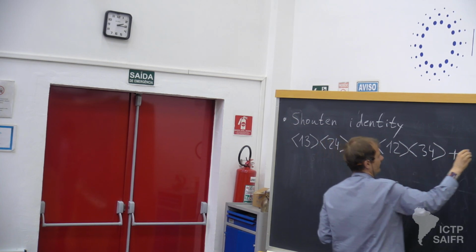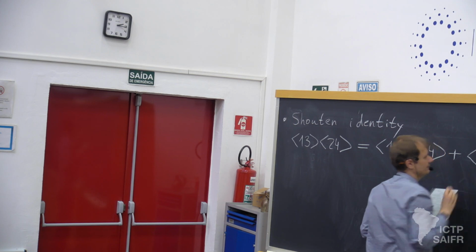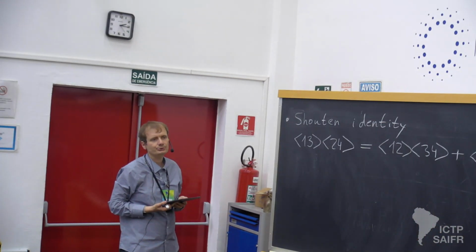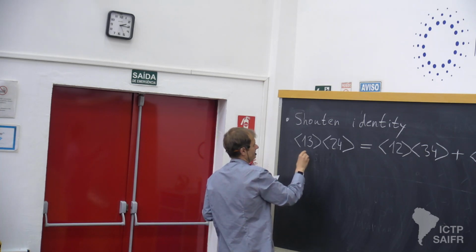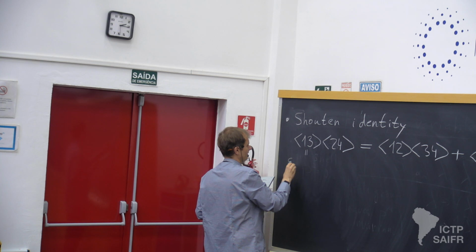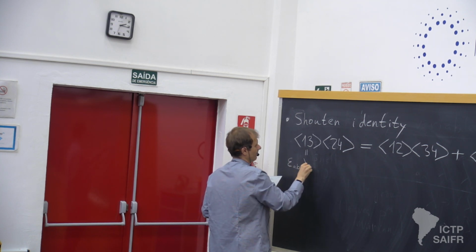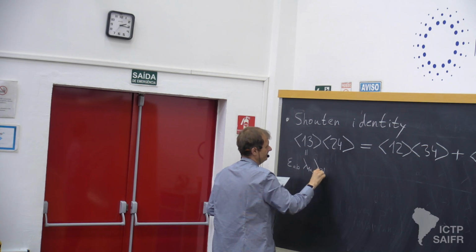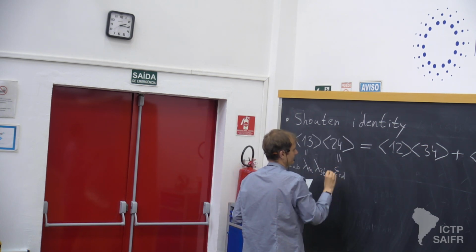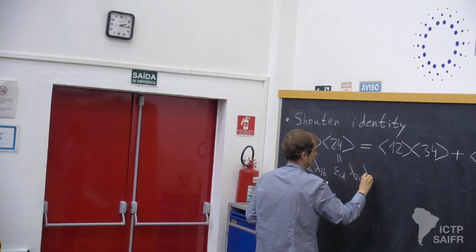1,2 3,4 plus 1,4 2,3. And you can easily prove it because we can write this as epsilon AB lambda 1A lambda 3B, and this is equal to epsilon CD lambda 2C lambda 4D.